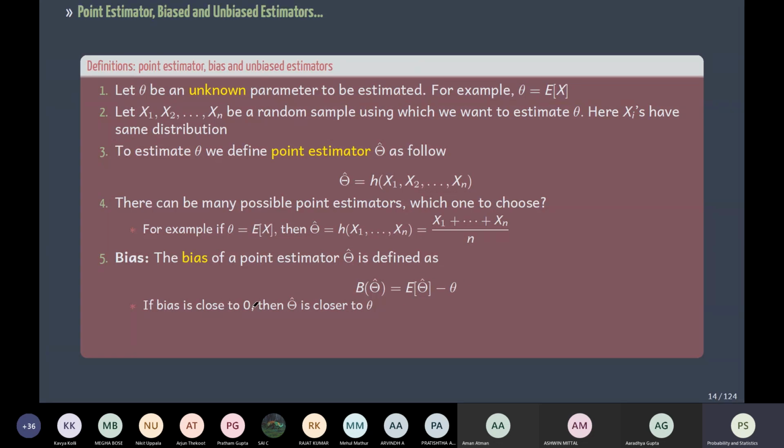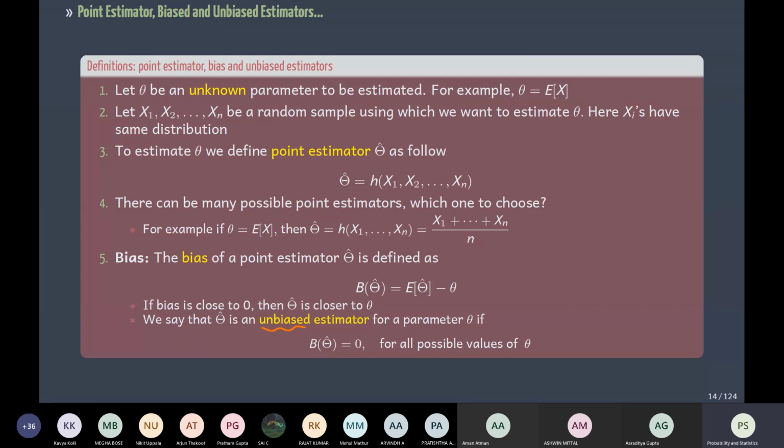If the bias is close to 0, then theta hat is close to theta on average, because expectation is like an average. So we say that theta hat is an unbiased estimator for a parameter if the bias is 0.